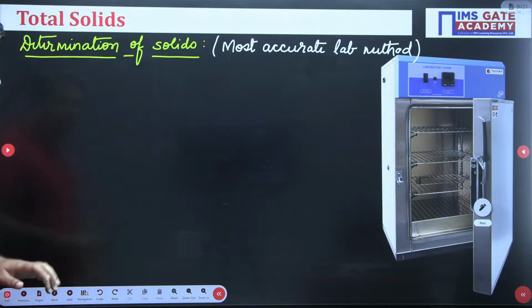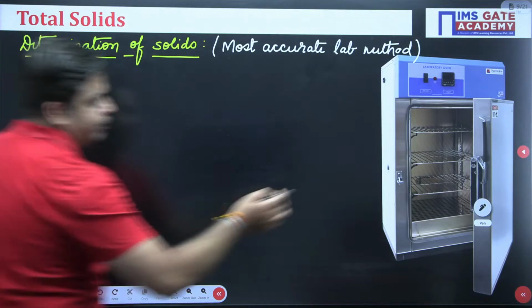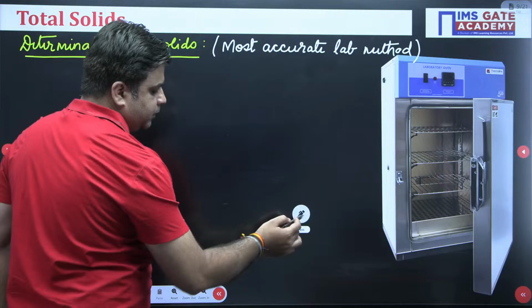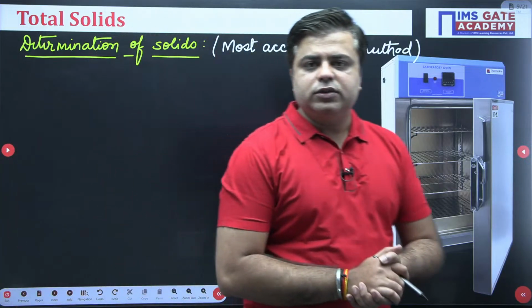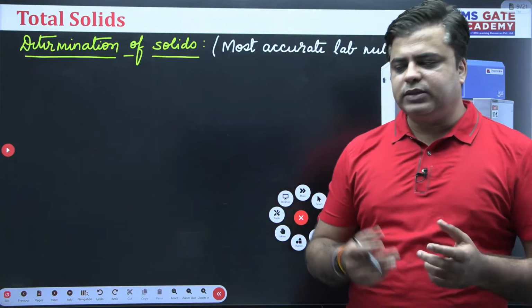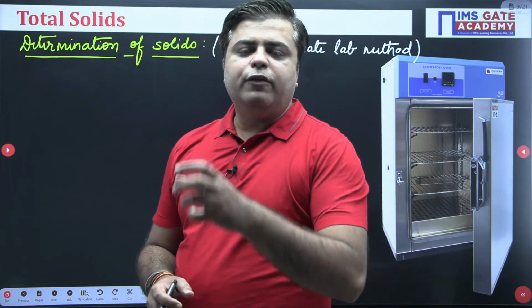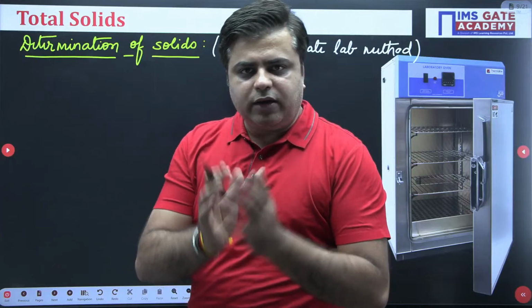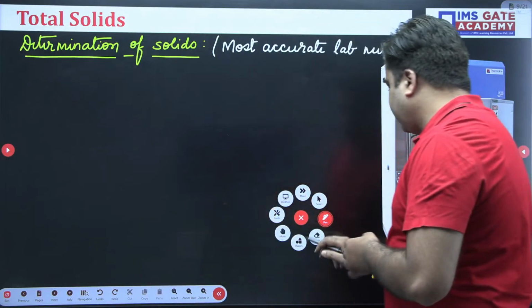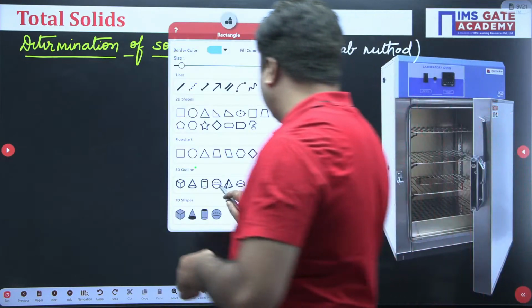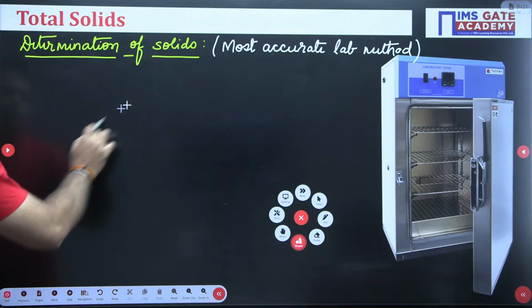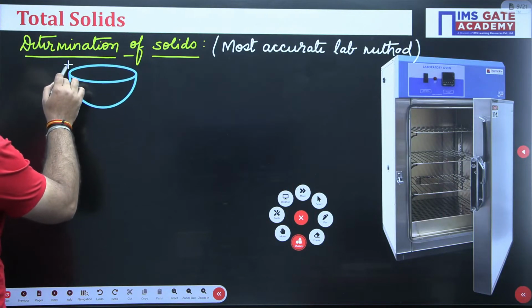What we do is, we take a sample of water from any source. We take the sampler and fill it with the water. Now we have this water sample. We take an equal volume of this sample.